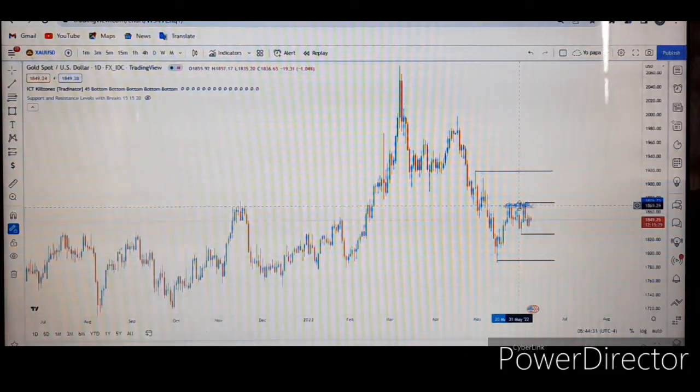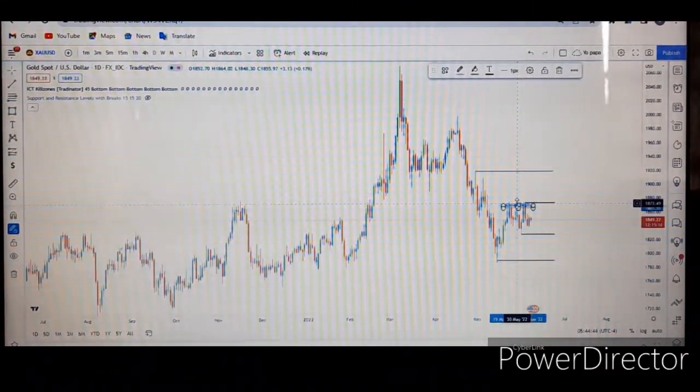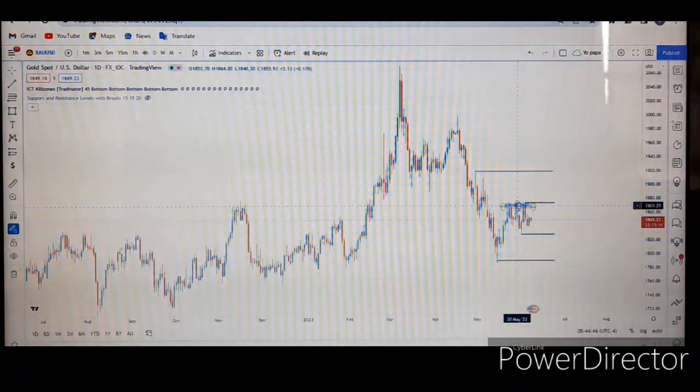We have a clean high here that I have already highlighted, and that's already an indication of where we'll expect the market to come in the long run. So you have a clean high there.